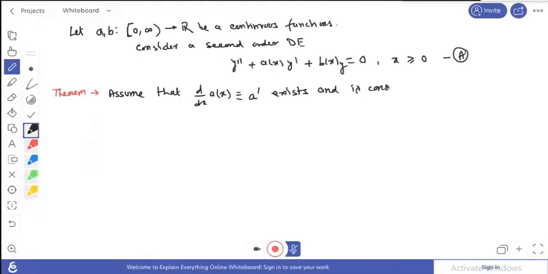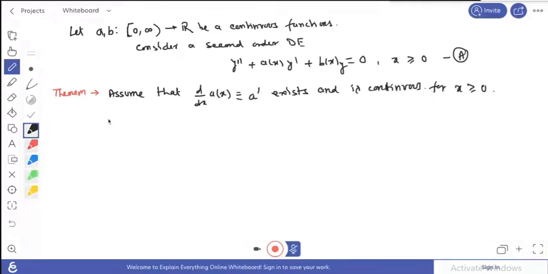So if you differentiate this coefficient of y prime, and we denote it by a prime, this derivative with respect to x exists as well as is continuous, because initially this is given only as continuous. This may be differentiable or may not be in this given domain. So here we assume that this a is not only continuous but also differentiable in that domain, okay. So here this is continuous for x greater than or equal to 0, okay.